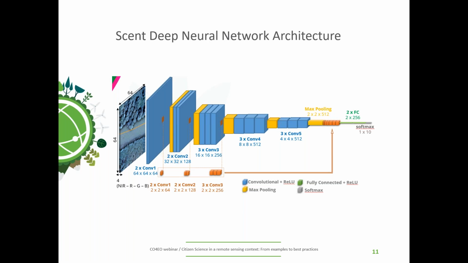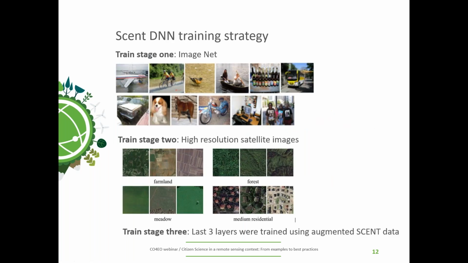Now, the training strategy for the deep neural network involves a two-stage initialization process for transfer learning. The initial weights were set to the VGG trained on ImageNet.